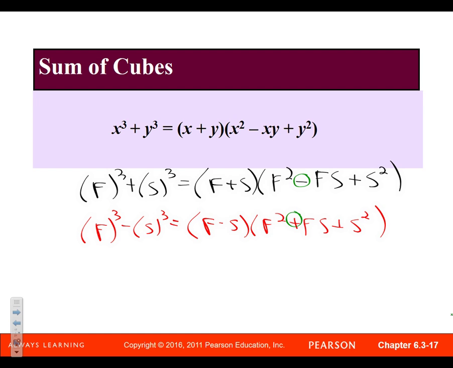Well, of course, if it's the sum, then it's going to have a plus, right? And if it's a minus, it's going to have a subtraction sign. Now, technically, both the signs change, except does it make a difference, really, if you square a negative? No, because what happens when you take a negative times a negative? You get a positive, and that's why that's a plus. So technically, they do change, they don't really change.